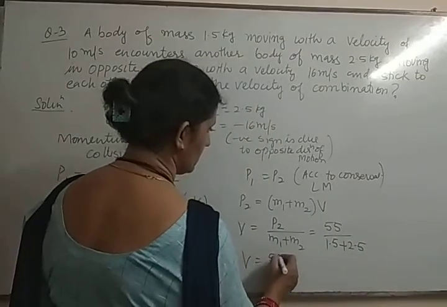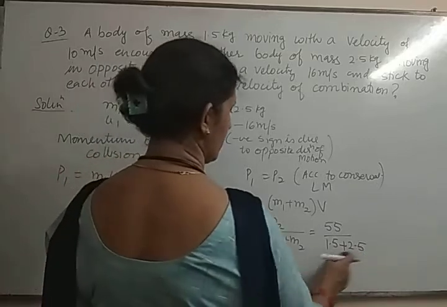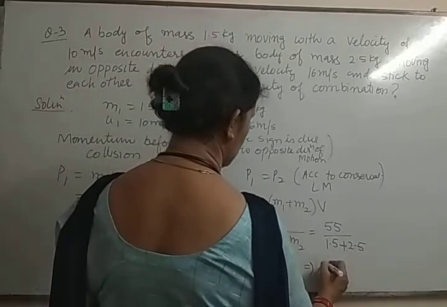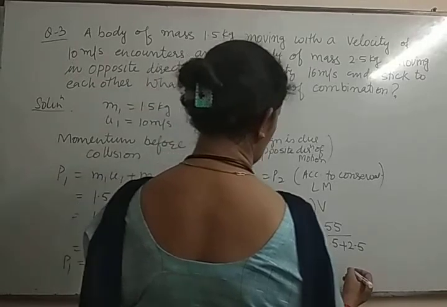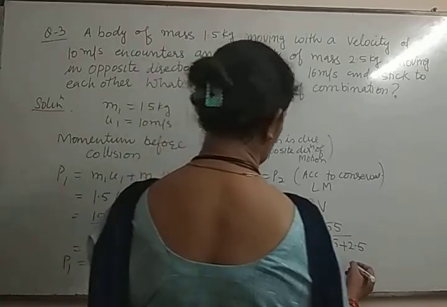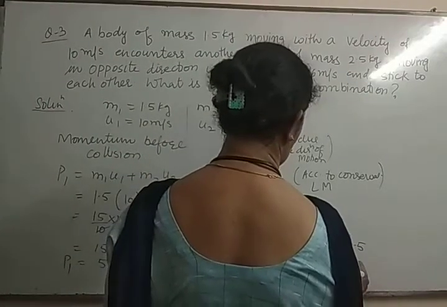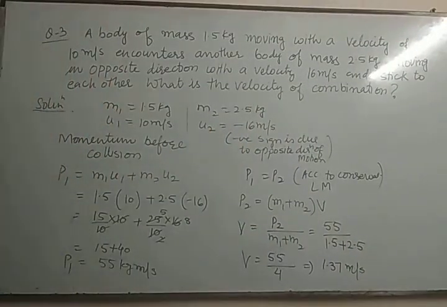So V is 55 divided by 4. So this value is 1.37 meter per second. This is the velocity of combination. Note it down.